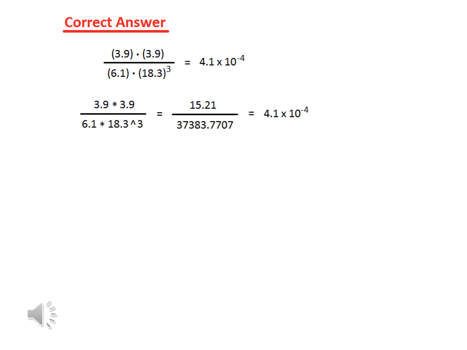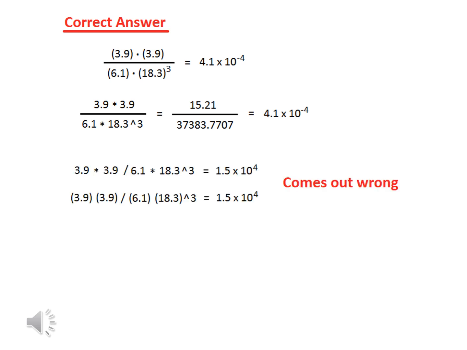So let me show you this. If you take that fraction and try to evaluate it, you're supposed to theoretically take the 3.9 times 3.9 and put it on the top, and the 6.1 times 18.3 cubed and put that on the bottom, and then divide. That's the correct answer.